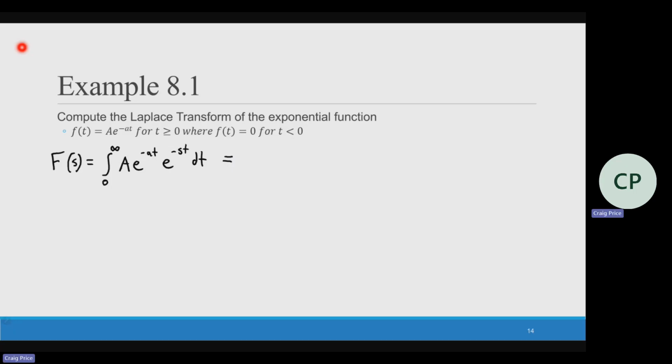They're both e to the something. What I like to do is take the constant out of the integral. It's one of my favorite things to do with integrals. And then these are both negative, so this would be e to the negative (s plus a) times time, something like that. So we can combine them, simplify them.